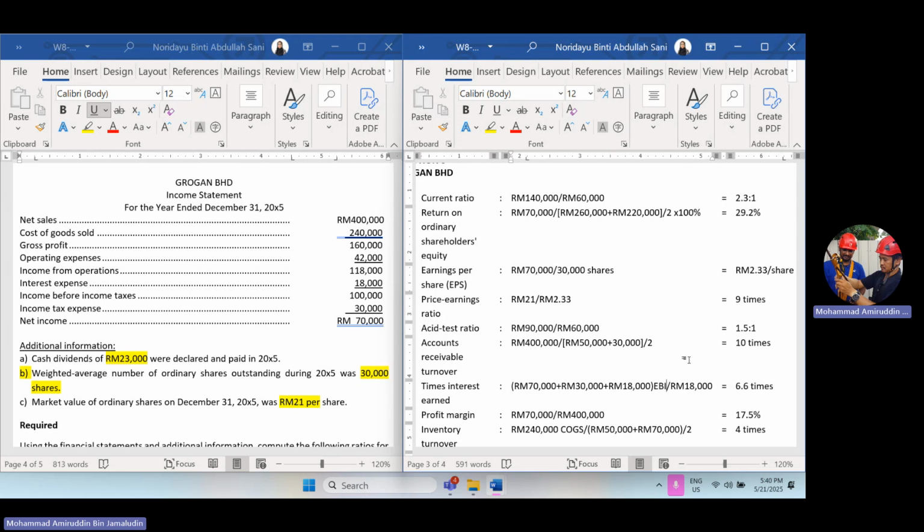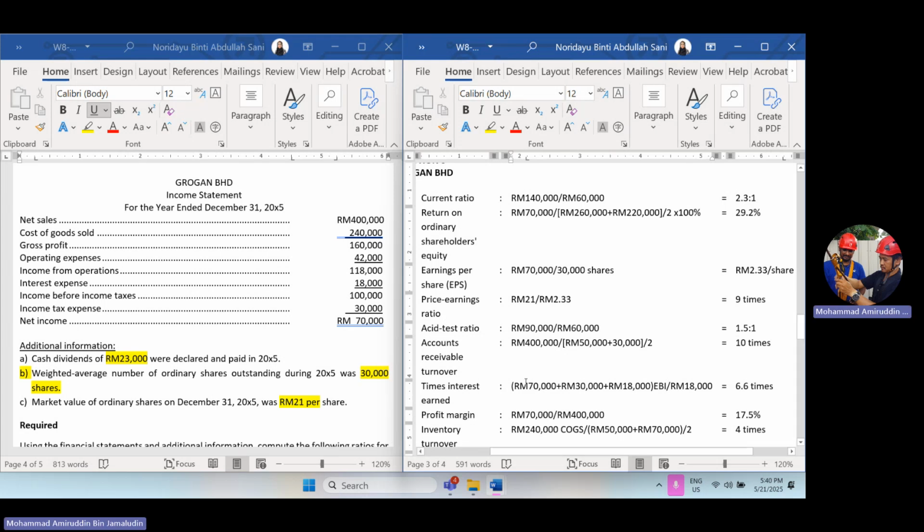Earning is profit. Profit before interest. So this is the one, which is this minus this. I get 160. And then minus your operating expenses of 42. So gross profit 160 minus your operating expenses, gross profit minus 42, you get 118. So I know that this is my earning before interest.